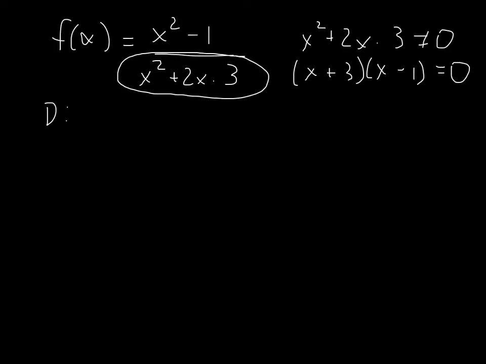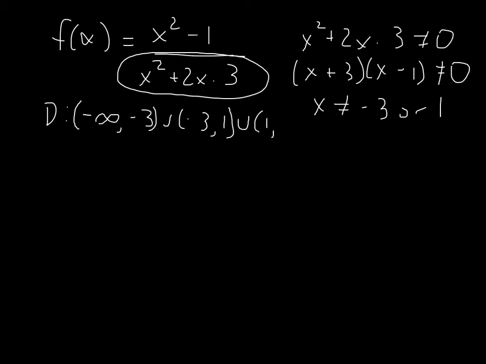You could also FOIL this back out just to double check that it equals the above. And so x cannot equal negative 3 or 1. As I transfer this to interval notation: negative infinity to negative 3, union negative 3 to 1, union 1 to infinity.